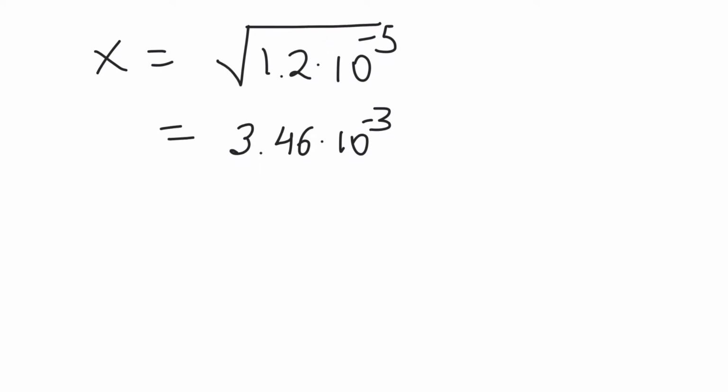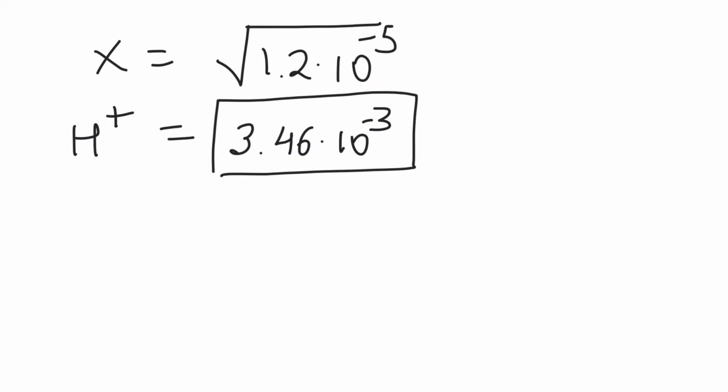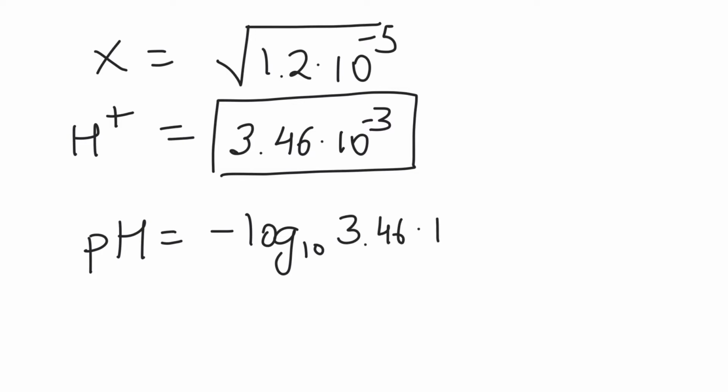What we just found is the concentration of H positive. All you need to do now is put this number in your pH equation. So pH would be negative log to the base 10 of 3.46 times 10 to the negative 3, and you will get your final answer.